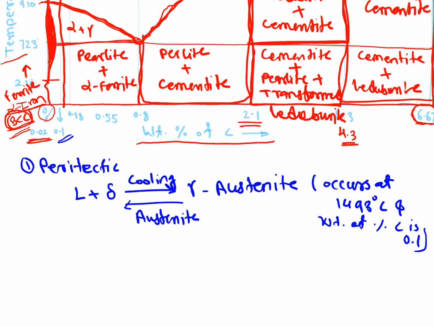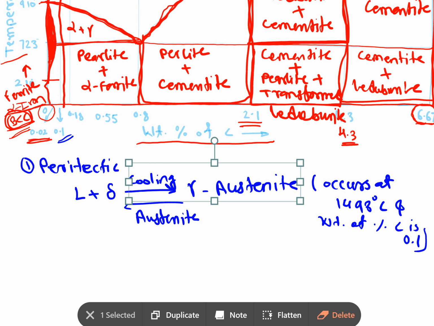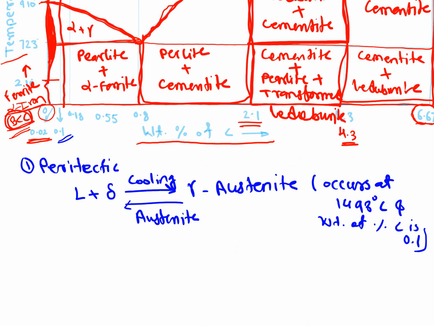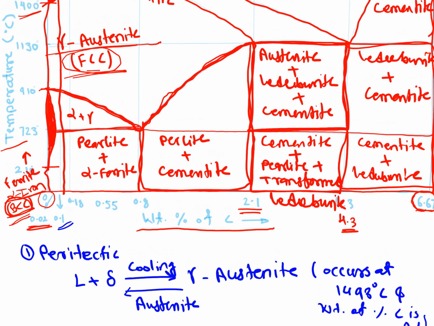The second important transformation is eutectoid. I'll just show you where the eutectoid point is. This is the eutectoid point. From here, austenite solid is changing to perlite plus cementite at this temperature and 0.8% of carbon.